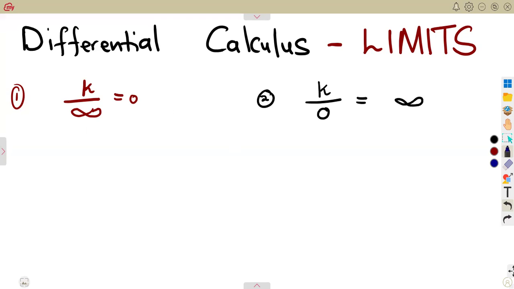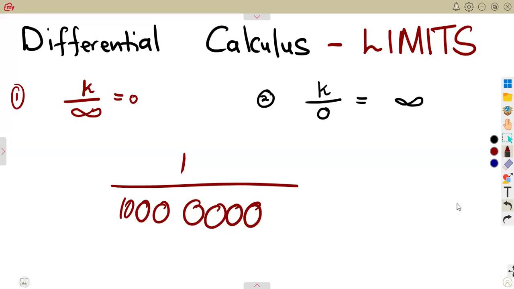Infinity, we are simply referring to very large values or very big values. Like approximating to 0, it's very, very small. Consider 1 over, let's say you've got 1 million, or maybe it's more than that.